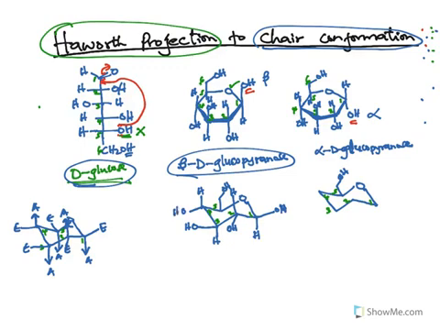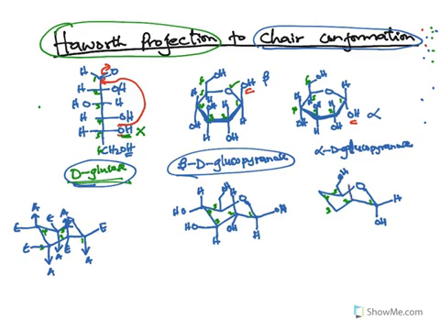And we can do the same with the alpha-D-glucopyranose. For carbon number 1, we can have axial or the equatorial. For equatorial, we have hydrogen, which is up, OH is down, so that is the axial.